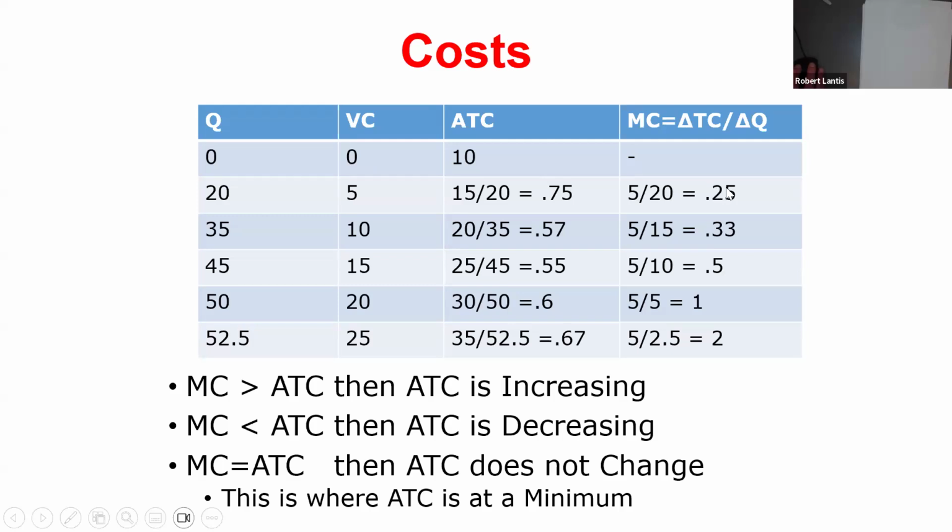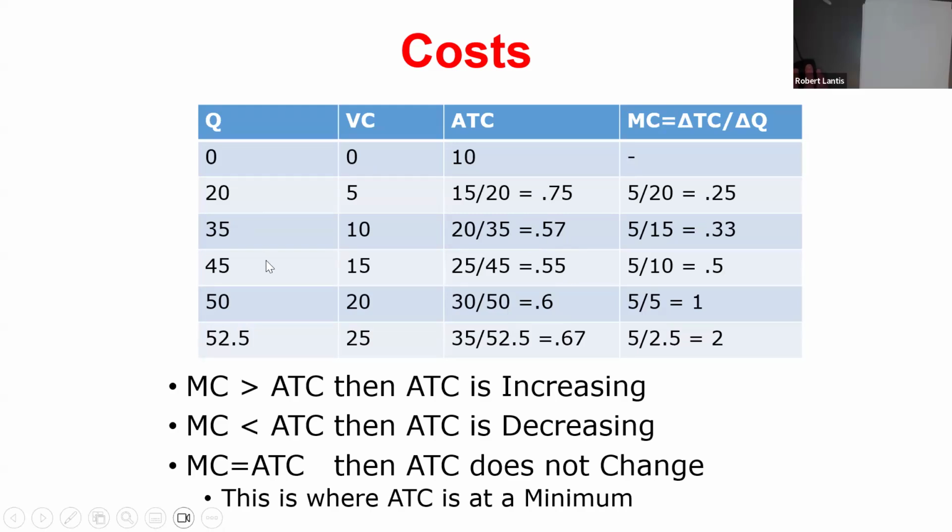Now notice when my marginal cost is below the old average. So if I'm going from 20 to 35 units, what was my old average? 75. My marginal cost, or what I'm adding in, is now 0.33. That is below my old average. So what should be true about my new average? It should be lower, right? Sure enough, my new average, if I calculate this out, is a little bit lower.